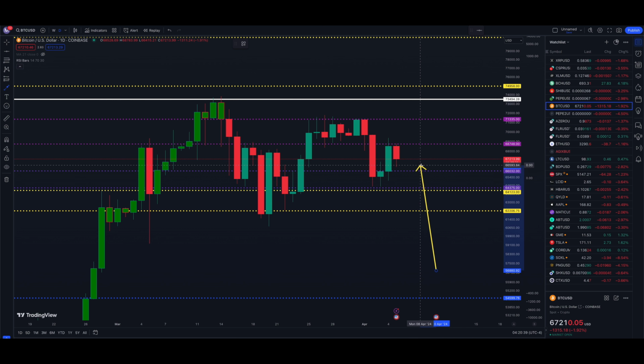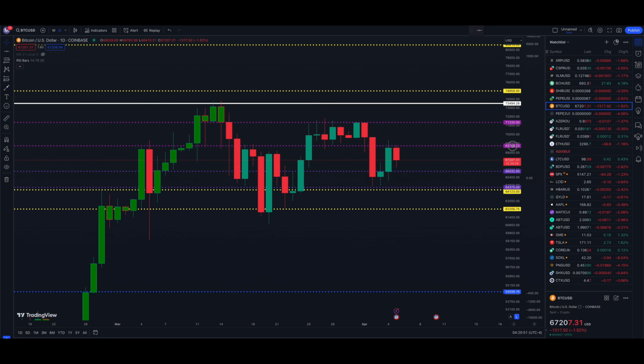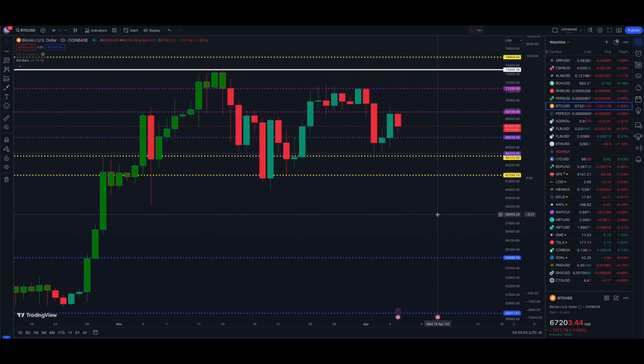So let's see what happens here with Bitcoin. Hopefully we get a pop higher, but my feeling is we're going to start to see some more downside action here. And potentially this is just the beginning. So, hey, time will tell. Just watching the markets every day. Today could end bullish. I do not know, just watching the levels.